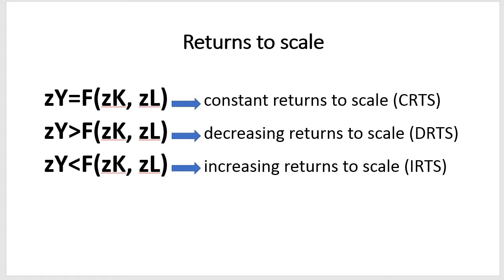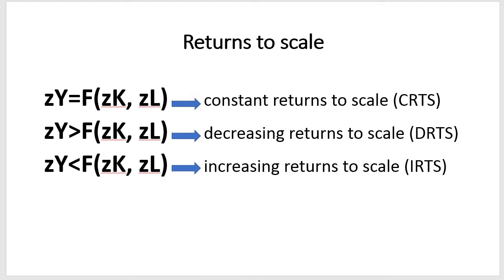Under the decreasing returns to scale, increasing inputs by the same proportion will result in the smaller increase in production. I mean, in comparison to the proportion to which capital and labor were increased. For instance, increase capital and labor 2 times, and under decreasing returns to scale, output will increase by less than 2 times.